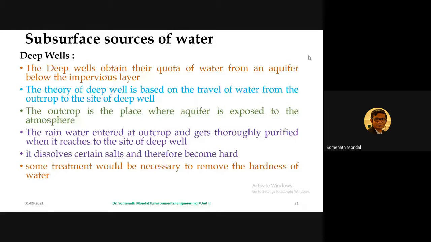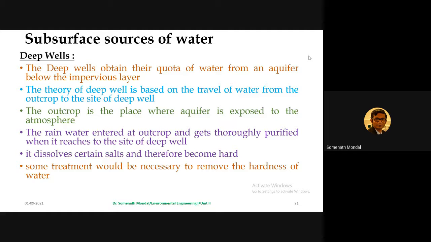The rainwater enters at the outcrops and gets thoroughly purified when it reaches the site of the deep well. So what happens is, while it is percolating through the aquifer, through the formation, it gets purified to some extent, and when it reaches the deep well site, by that time most of the purification would be completed. But it dissolves certain salts and therefore becomes hard.